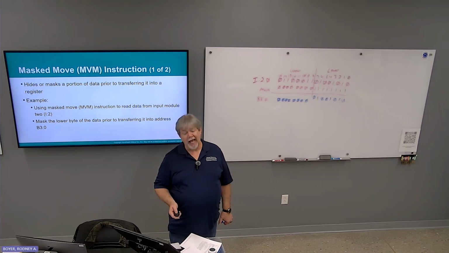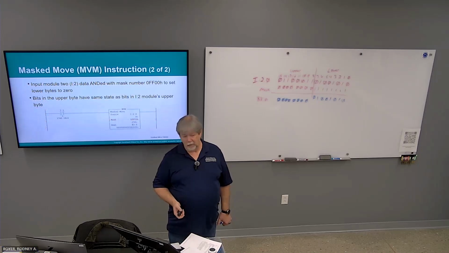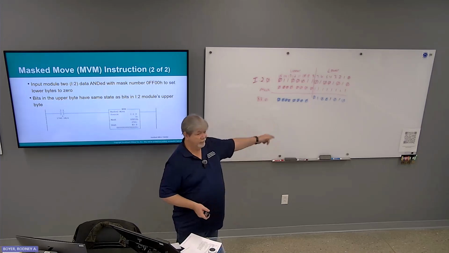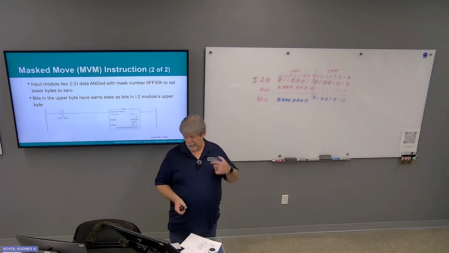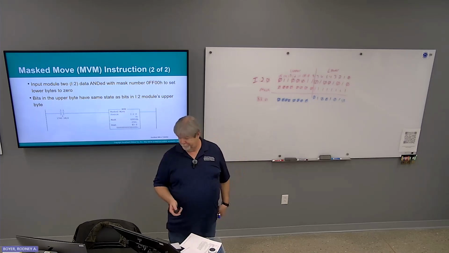Oh, they're masking out. Okay, so it's exactly opposite of that. They're masking out the bottom, the lower byte, and only transferring the upper. Okay, that makes sense.